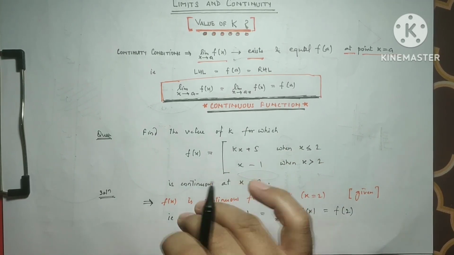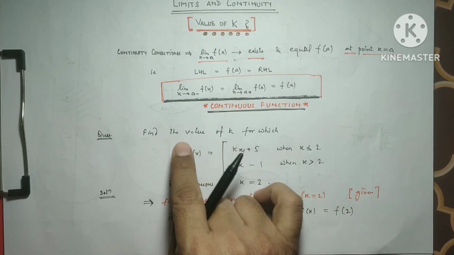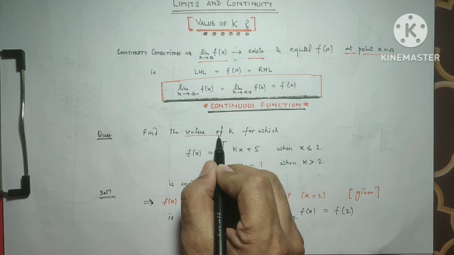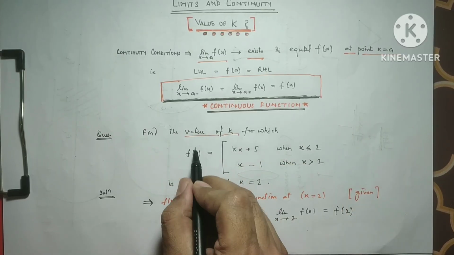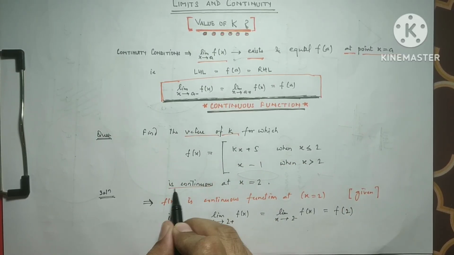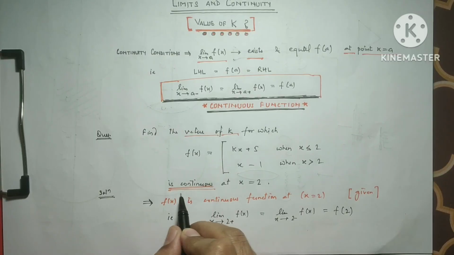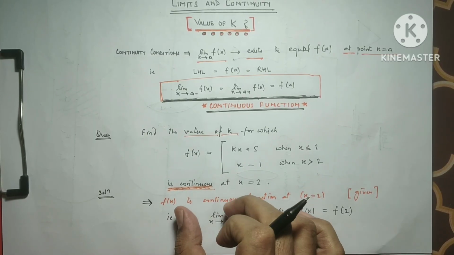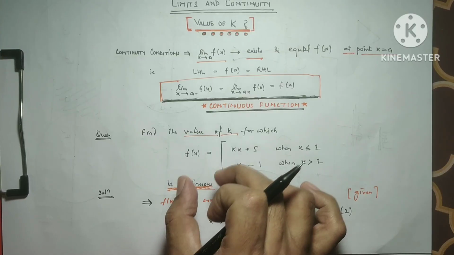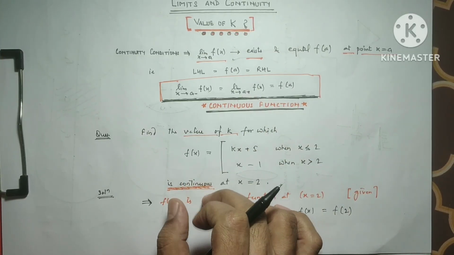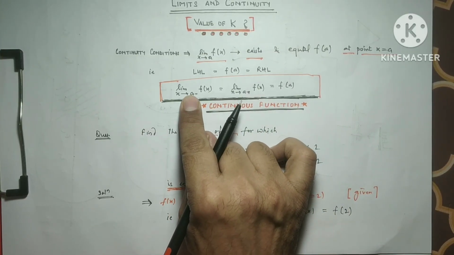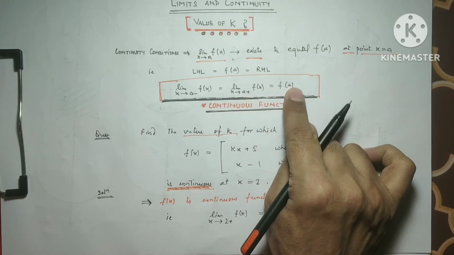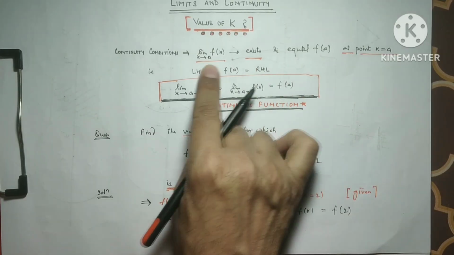So in this question, find the value of k for which this function is continuous. If this function is continuous, its left hand limit, right hand limit, and value at the point are all equal.